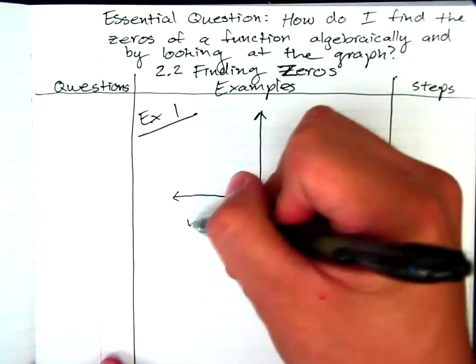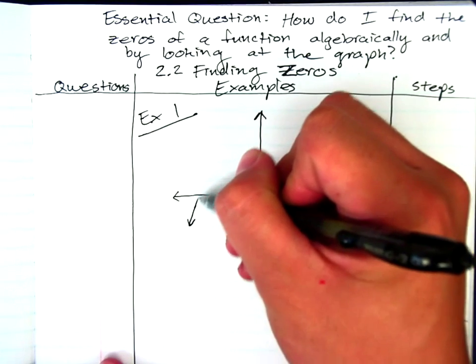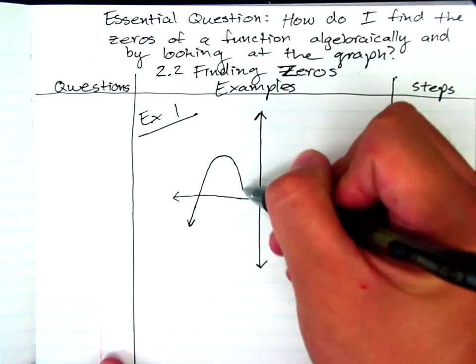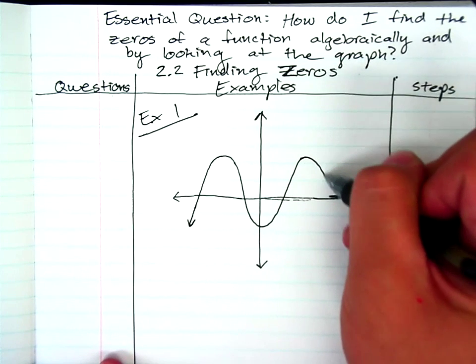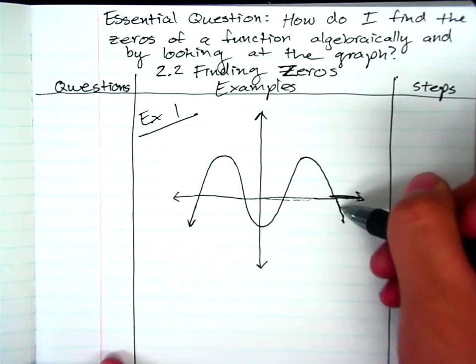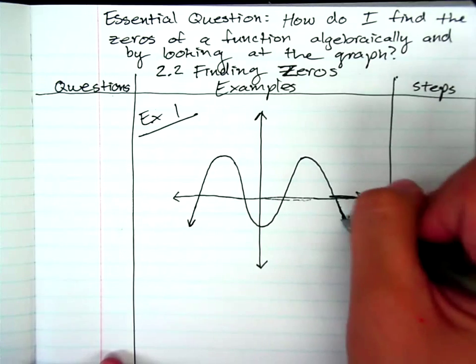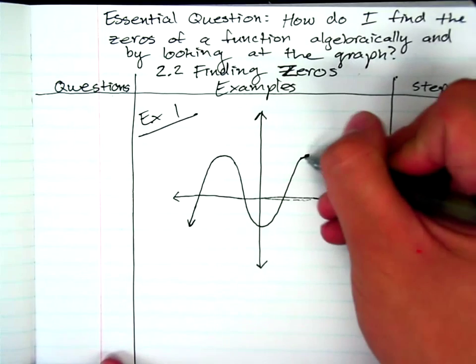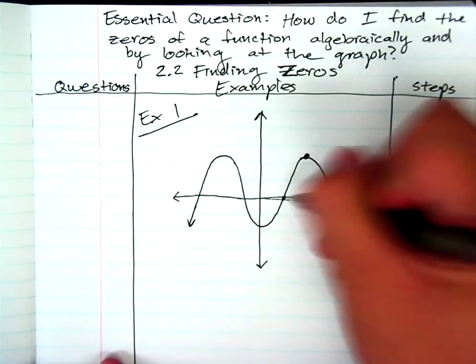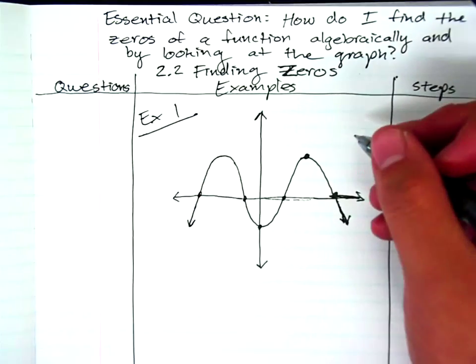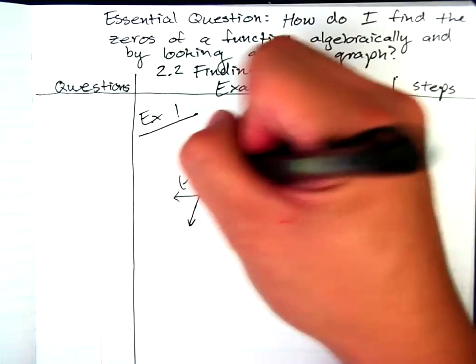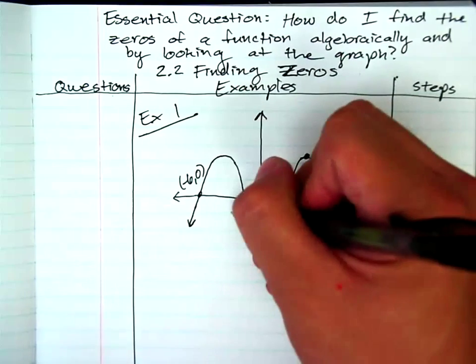Okay, so let's go ahead, draw in these curves. It's basically going to look like an M. Don't worry about being symmetrical, because we're actually going to label the points as they are. So let's go ahead and label it like this. Here I have negative 6, 0.